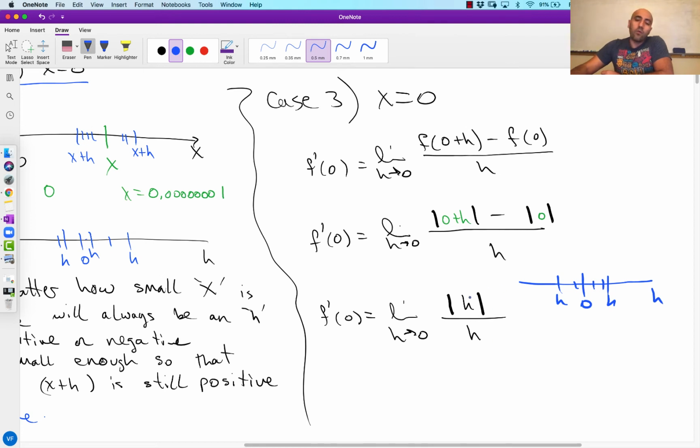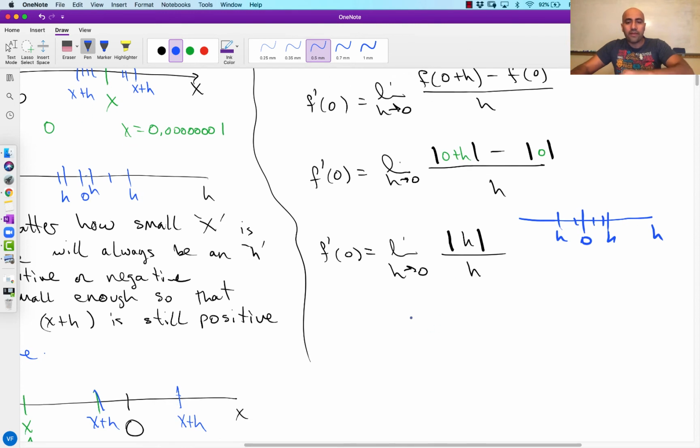And we know that when h happens to be positive, the absolute value of h will be h. And when h is negative, the absolute value will be negative. So this is not going to have any specific number. So let's break this down to the left limit and the right limit, since it's not super clear what it is this way.